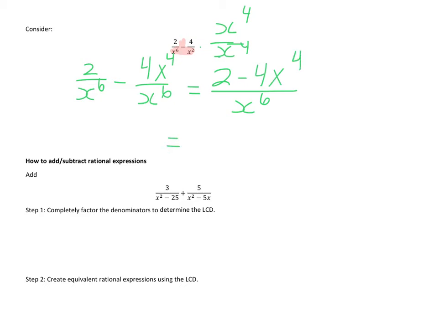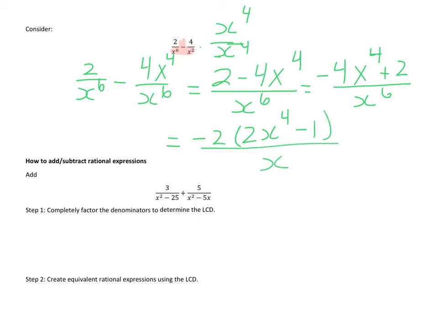You guys can factor the top. If you want to write it in standard form, we see that we have to actually factor out a negative number. We can factor out a negative 2, 2x to the 4th minus 1. All right, it turns out we can't factor anything, so we can just leave our solution like that.